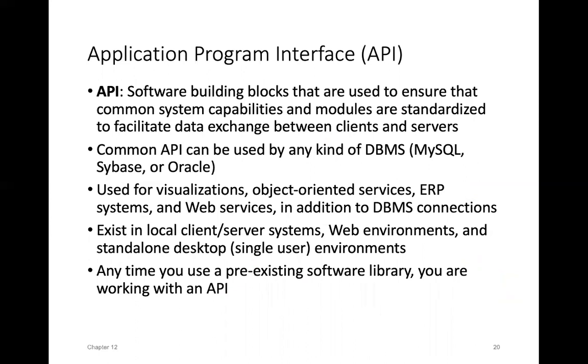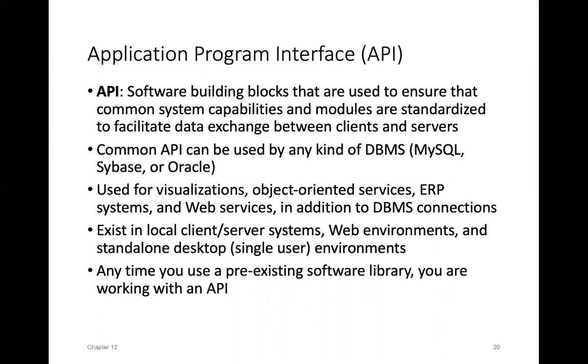We can use these for visualizations and object-oriented services and so on. They can exist in local client-server systems, in web environments, and in standalone desktop environments. If you're using a pre-existing software library, then chances are you are working with an API.